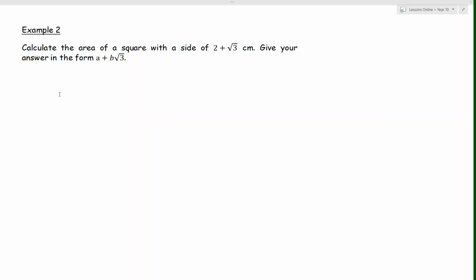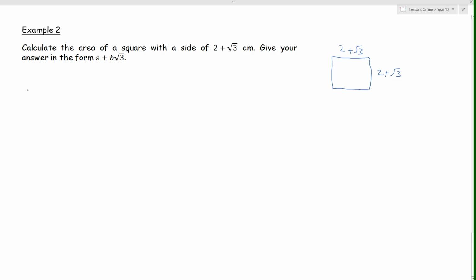And the final example for today. Calculate the area of a square with a side of 2 plus root 3 centimeters and give your answer in the form of a plus b root 3. So if it's a square of side 2 plus root 3, that means that's going to be 2 plus root 3, and that side's going to be 2 plus root 3.